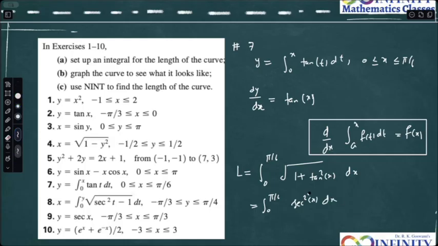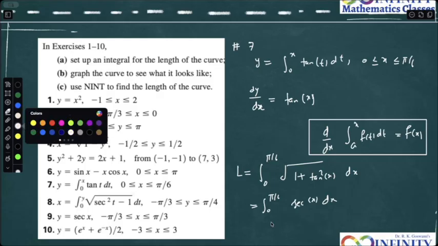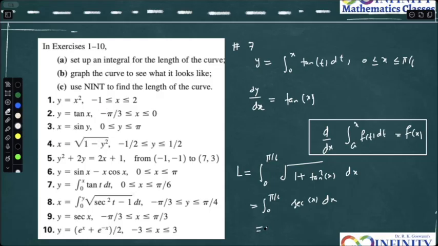Because of the square root, the power 2 will not be there. Integration of secant x can be obtained as, if I remember correctly, ln of secant x plus tangent x. These expressions are going to be positive. If you do have an issue, you can just put the mod there. From 0 to pi by 6, you just plug the values and you will be able to get the answer.